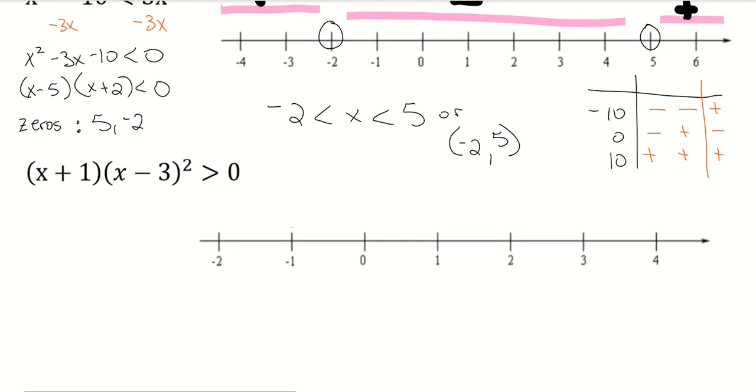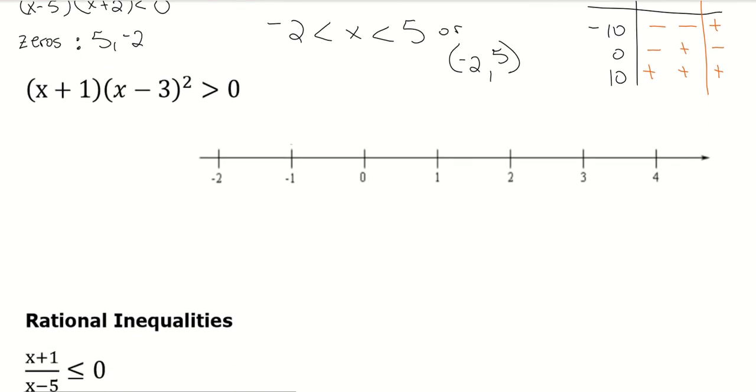Looking at our next one on here, x plus 1 times x minus 3 squared is greater than 0. So this time, instead of looking for negative, I need to find where the regions are positive. First I find my zeros. Well, this one's already set up so I can find my zeros quickly.